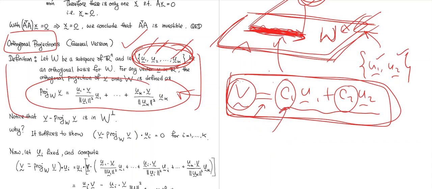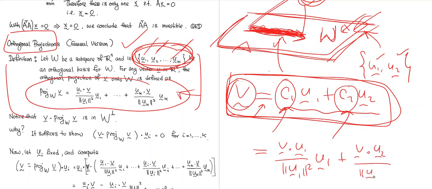If you want to figure out C1 and C2, you again take the dot product with U1, then this term will be canceled out because they're 0. So if you really want to force it like that, your C1 will be V dot U1 over the magnitude of U1 squared, times U1, and then V dot U2 over the magnitude of U2 squared, times U2.